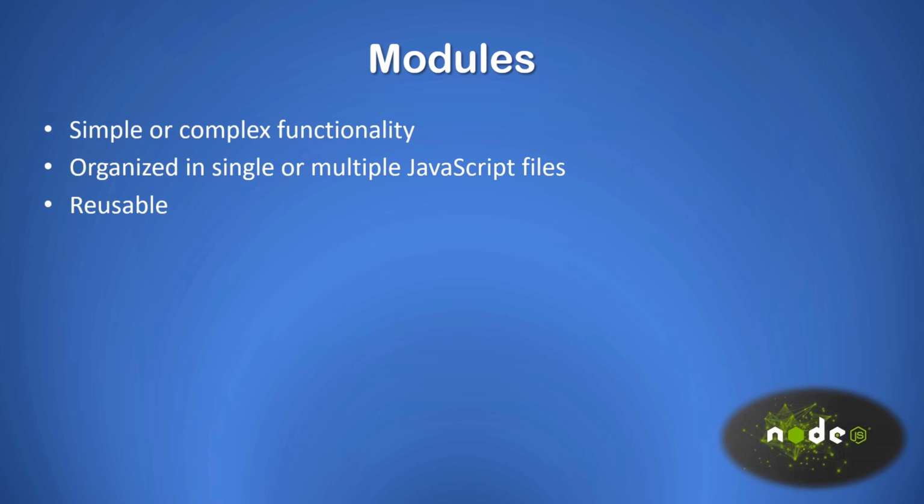Each module has its own context, so it cannot interfere with other modules or pollute the global scope. Each module can be placed in a separate JS file, or under a separate folder for organizing purposes.